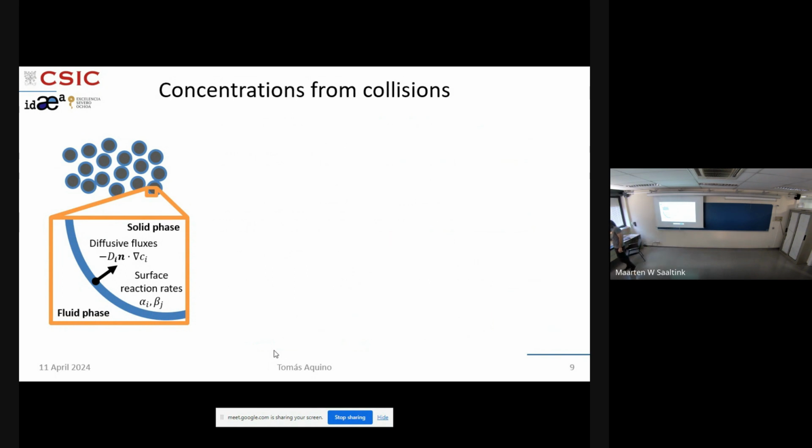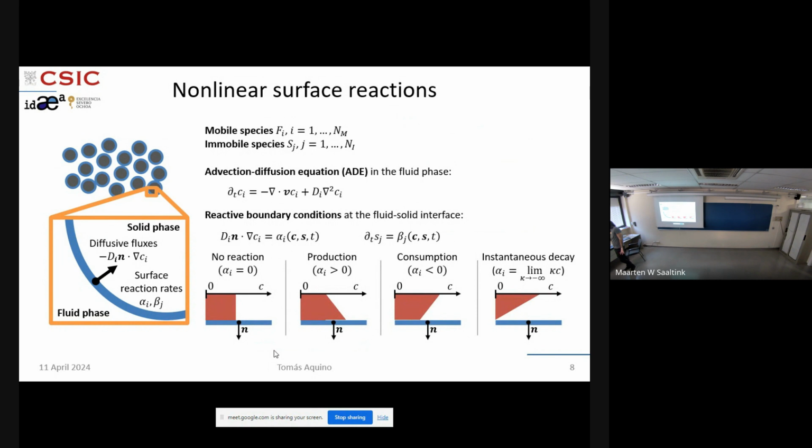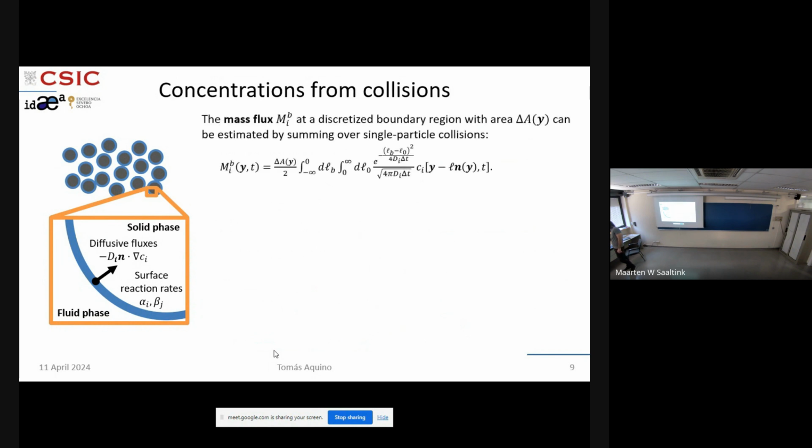Okay, so how do we put this into our particle trajectory? It looks fancy, but it's really not that complicated. I'll walk you through the little derivation because I think it gives some intuition. Basically, we're going to estimate the mass flux that's trying to go into the wall before we remember that there's a boundary condition there. As I said, if you zoom in, this looks flat, at least that's a reasonable assumption for reasonably behaved surfaces. And what we do is we look at the diffusive flux.